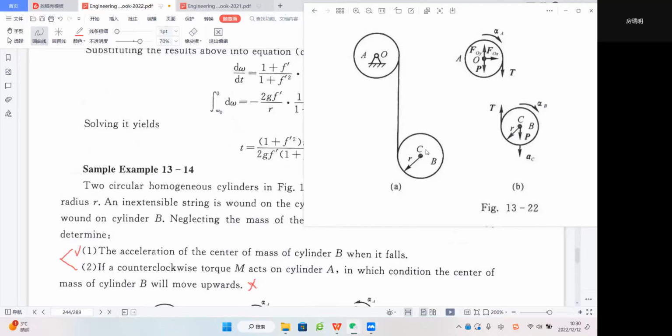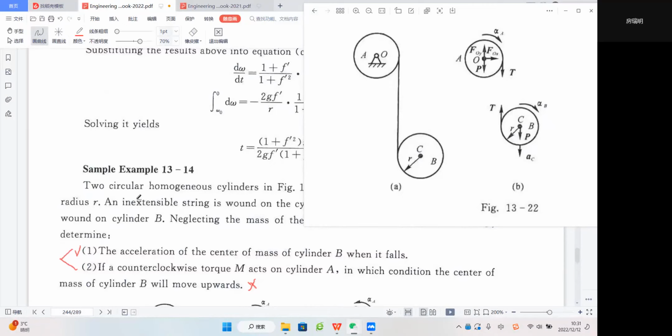Since it has a plane motion, we should do its force analysis like this, and then we should use its three differential equations, because the three equations give the relationship between the acceleration and the forces. So here, let's see the solution.